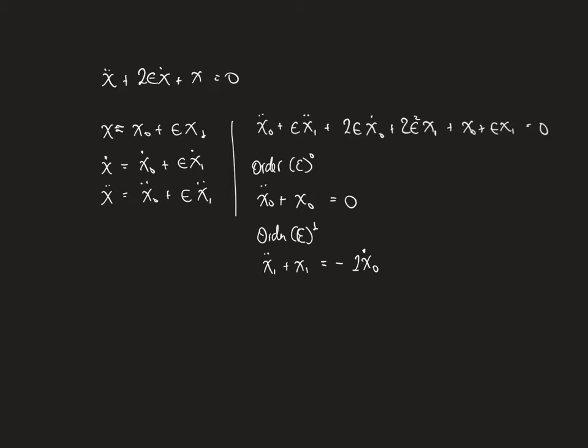Then we put all this in this expression, and we separate what is order epsilon 0 and order epsilon 1, and we solve the equations independently. This is what we did, but remember that here we have this dangerous term, which is the circular term. This is going to be more clear in the following slides, and this is the thing we want to eliminate.